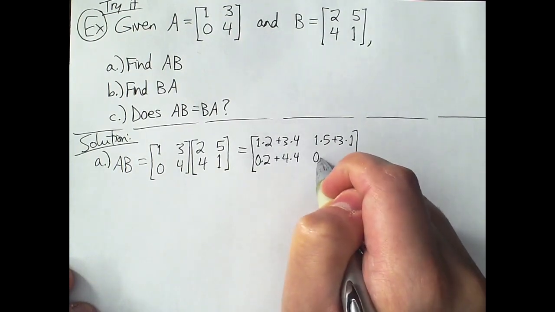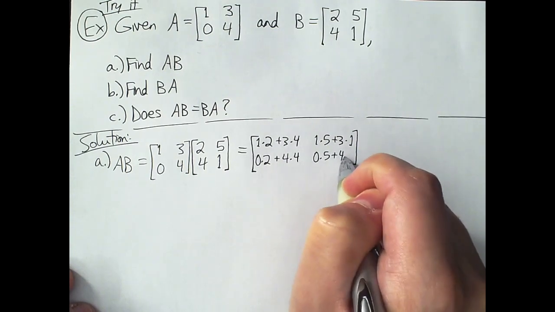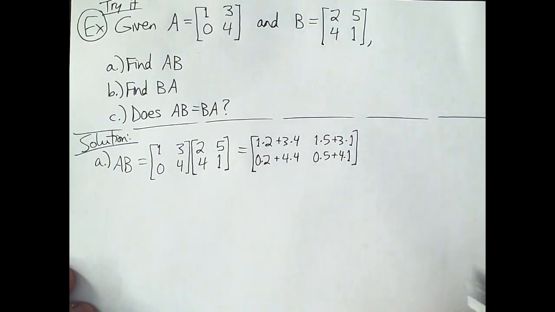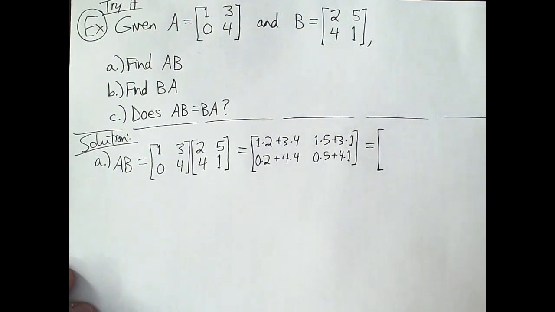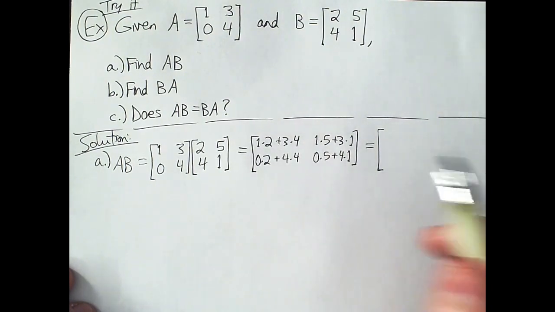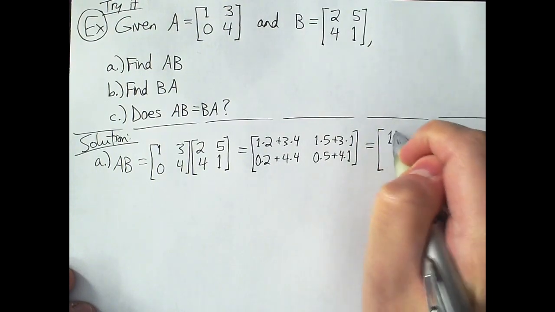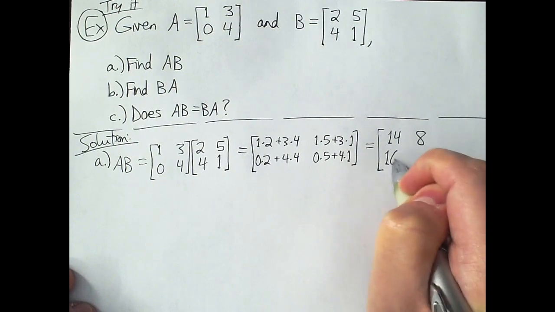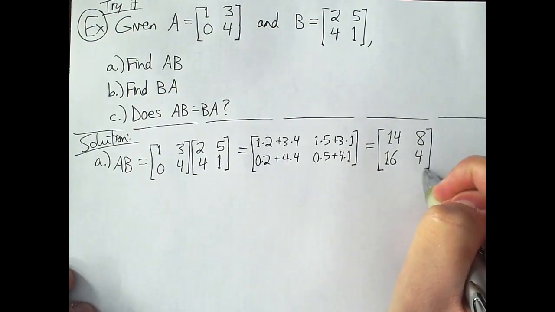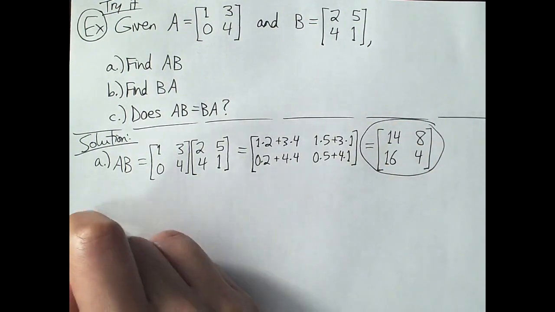I need to do 0 times 5 plus 4 times 1. And let's do these 4 little arithmetic problems. That's 2 plus 12 is 14. 5 plus 3 is 8. And so on. You get 16 and you get 4. So we found AB. That's the answer to part A.